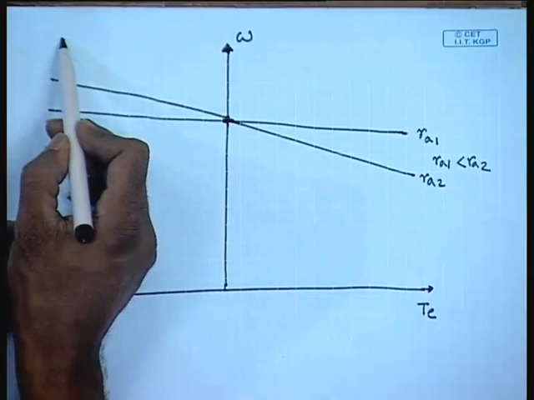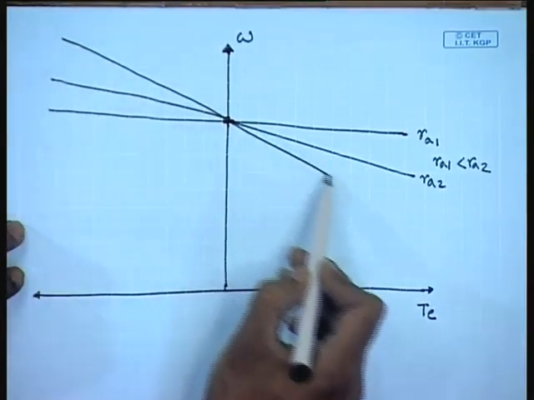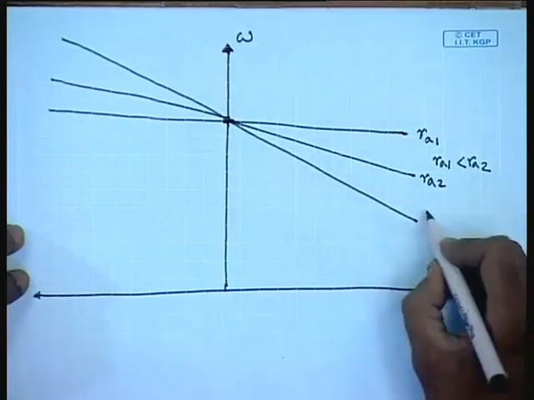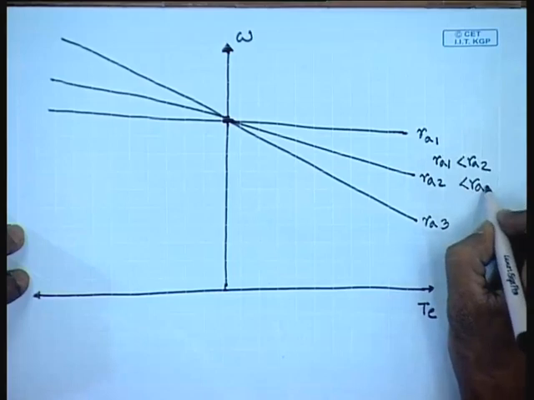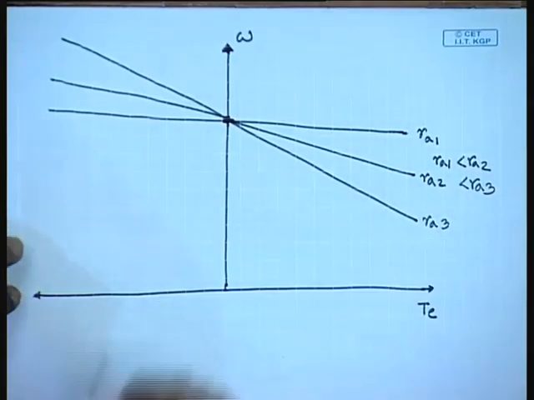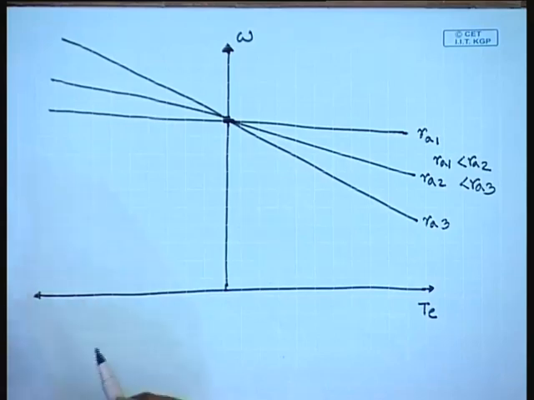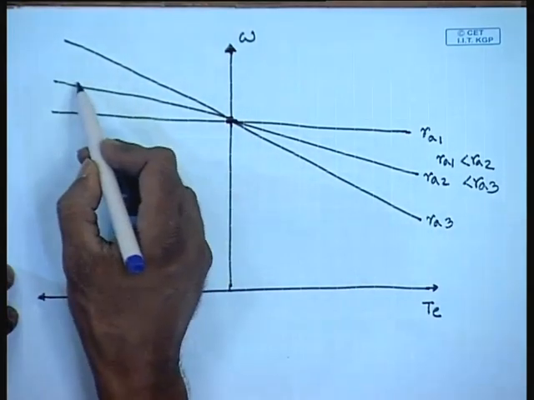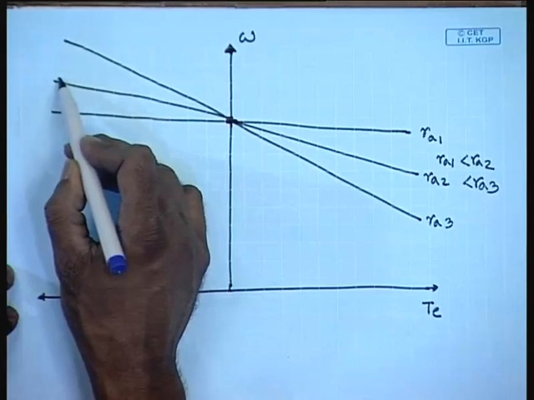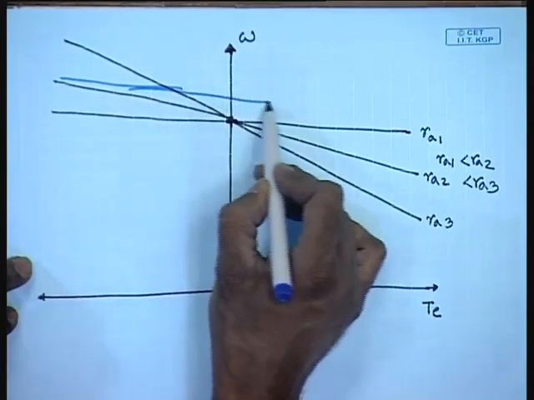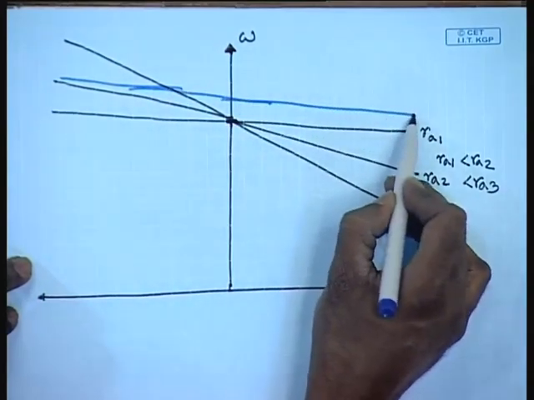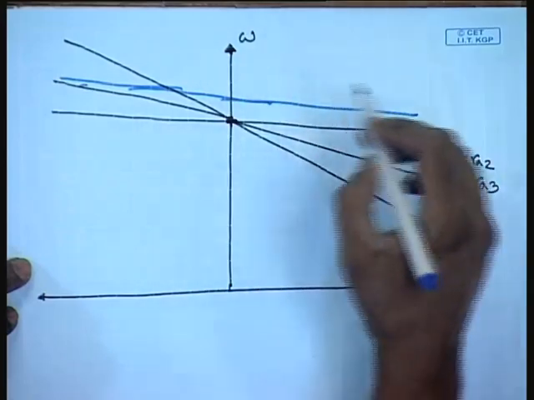So, the slope of the torque speed characteristics can be changed. Similarly, keeping the armature resistance constant RA1, if we increase the armature voltage, then the torque speed characteristic shifts parallelly upward, its slope remains same.